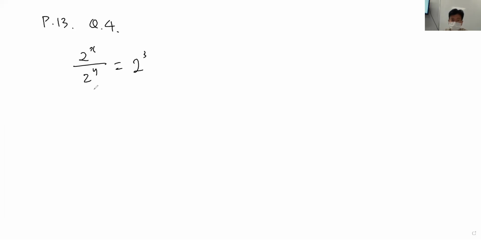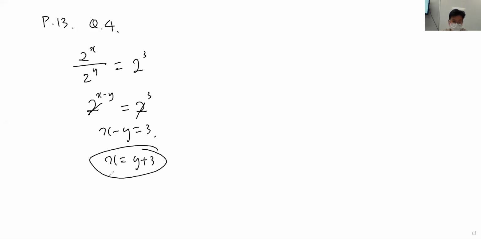Division means what, for exponents? Subtraction. So 2 to the x minus y equals 2 to the third. So we can take the base out: x minus y equals 3. Then x equals y plus 3, which is A. Eric, do you understand? Yeah, I do.